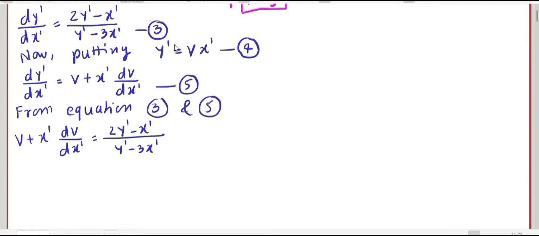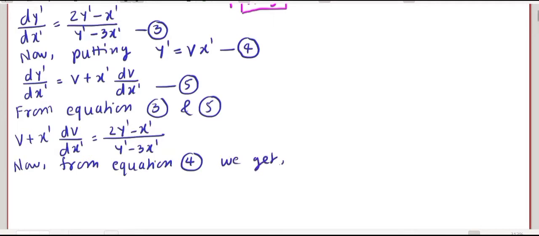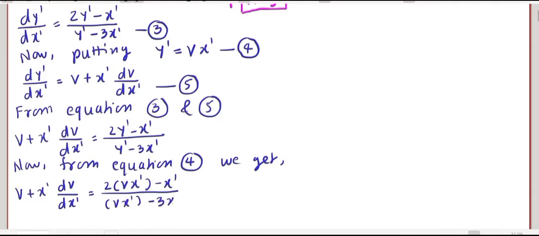Now from equation number 4, putting the value y dash is equal to vx dash, we get v plus x dash dv by dx dash as it is, and on the right, 2 into vx dash minus x dash divided by vx dash minus 3x dash.